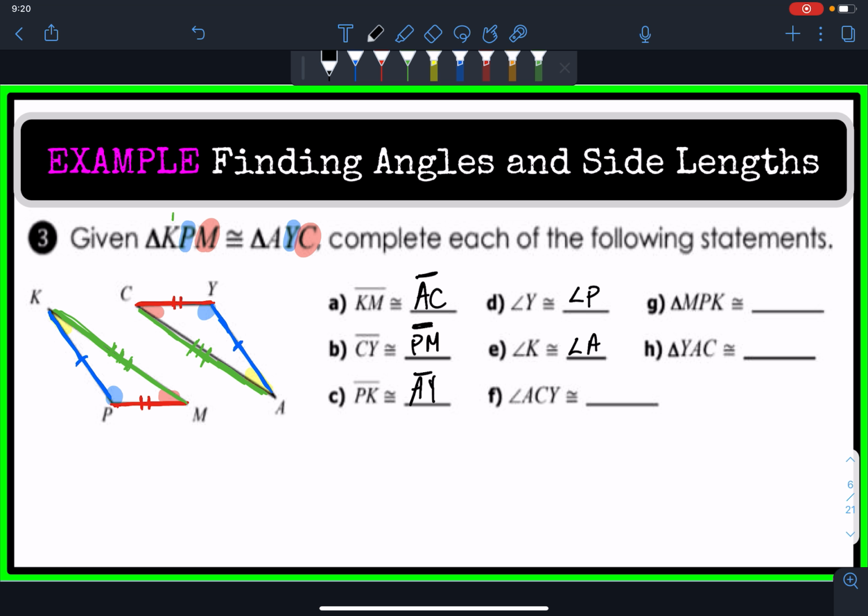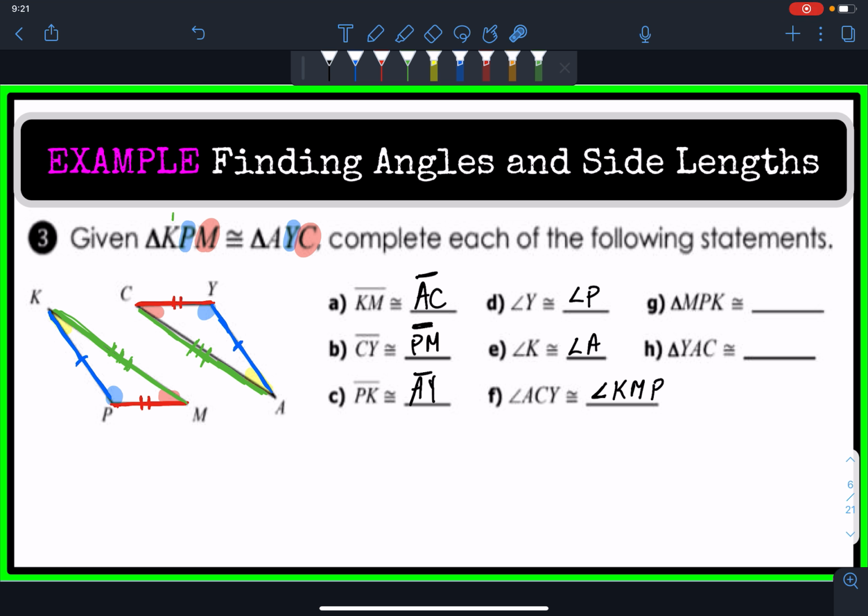So angle A corresponds to angle K, angle C corresponds to angle M, and angle Y corresponds to angle P. So this angle from point A to C to Y is going to be the same thing as going from K to M to P, which again, as you can see, is that color right there, the green angle right there. So it's the same thing.